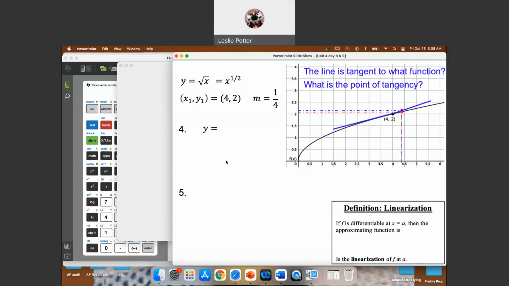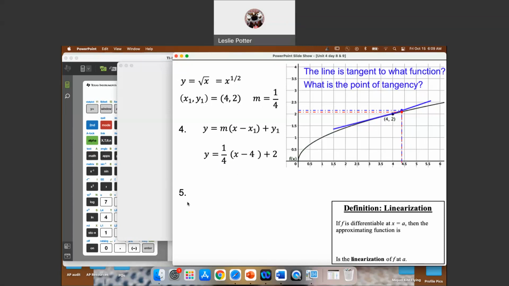So we have y equals m times x minus x1, plus y1. So we have 1/4 times x minus x1, which is 4, plus y1, which is 2. So that's that point of tangency, 4, 2.